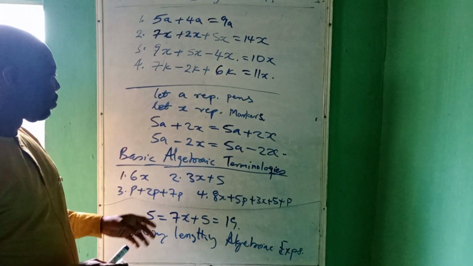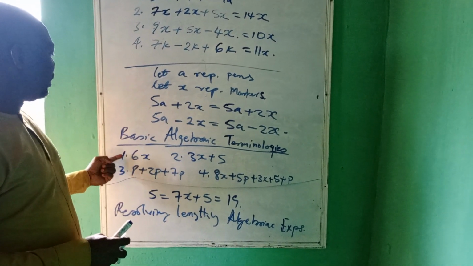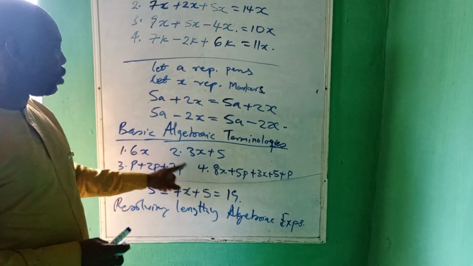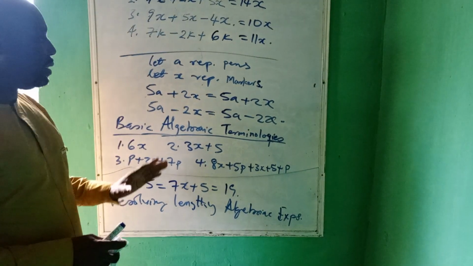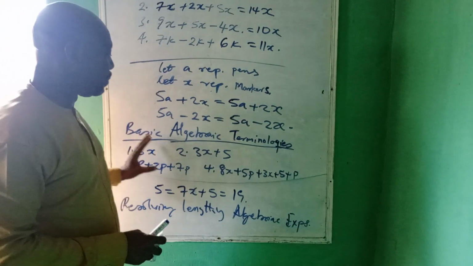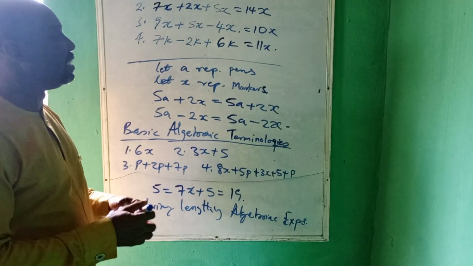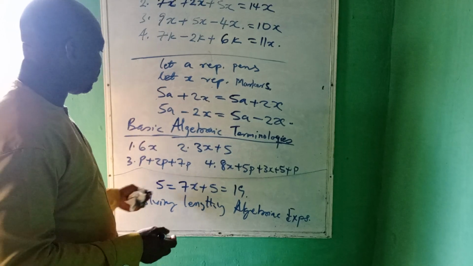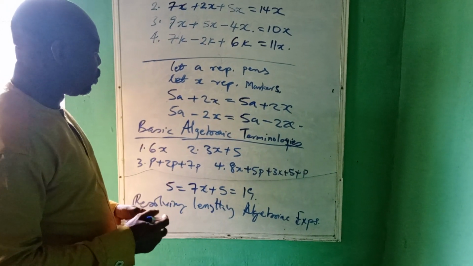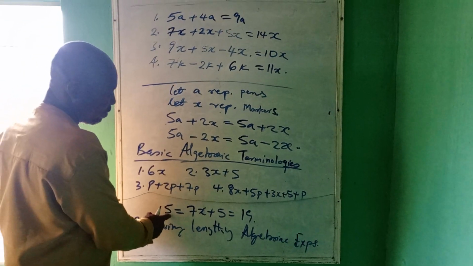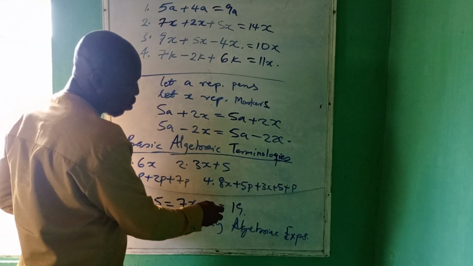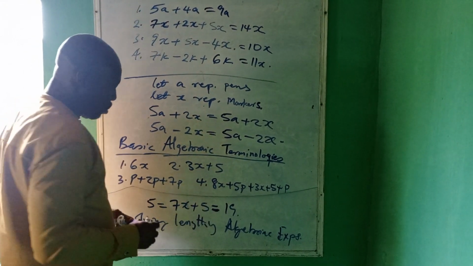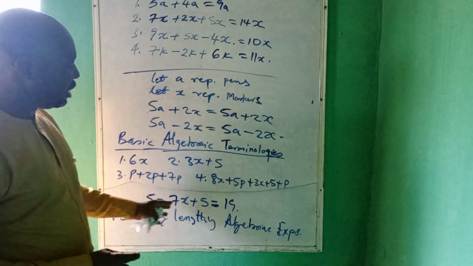Now, all these things in algebra are called expressions, provided you've written something that has to do with x. All of them are expressions. But like this one now, when you see an equal sign, it is called an equation.